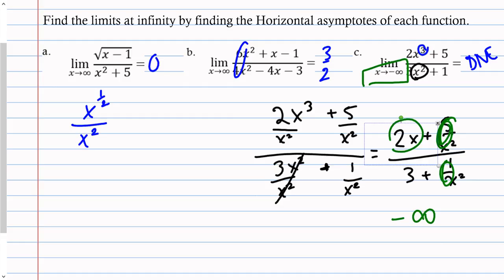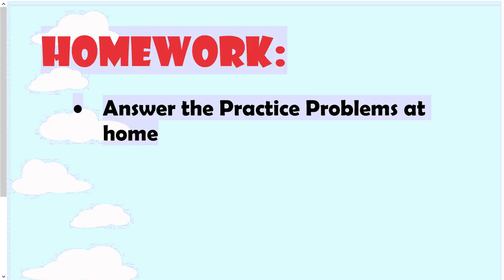You can use the rules of polynomials. This has a degree of 1, which is odd. And for odd functions, as it's approaching negative infinity, it's negative infinity. And then divide by 3. But see, the thing about infinity is even if you divide it, it's still infinity. So there you go, negative infinity. All right, that's it. Answer the practice problems, please.